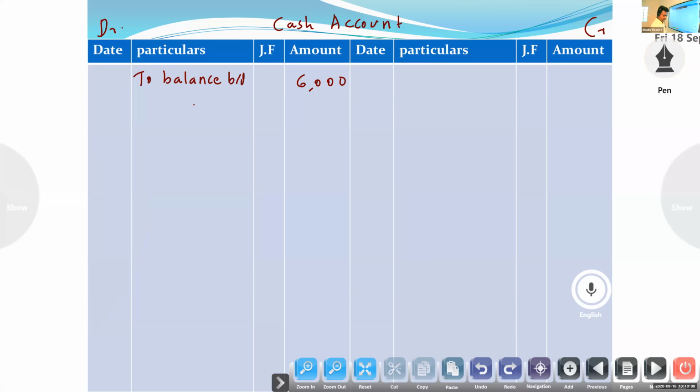Asset will be debit balance. So on the debit side you have to write the balance amount. So opening balance we wrote.